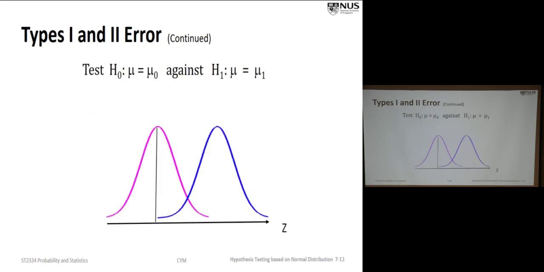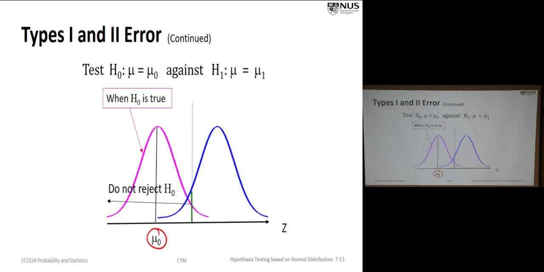Here's a picture. This time I look at only two mu values. One is mu equal mu naught, my null hypothesis. Mu equal mu 1 is my alternative. Now this is mu equal mu naught.